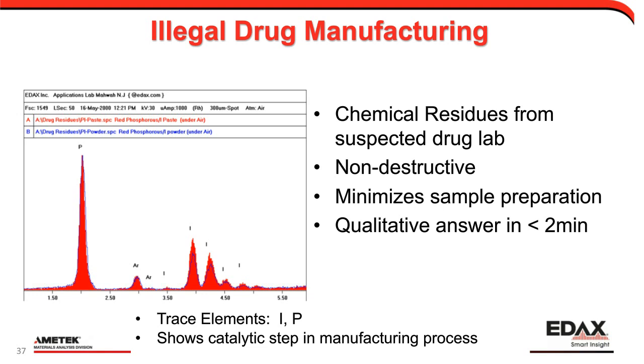In this particular scenario, if you came across one of these suspected drug labs, it was important to test the various chemical residues to demonstrate that the suspect was actually manufacturing the drug. And the Orbis system could be a quick screen for that.